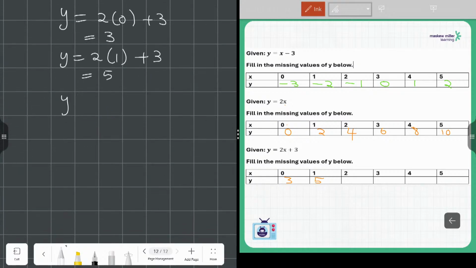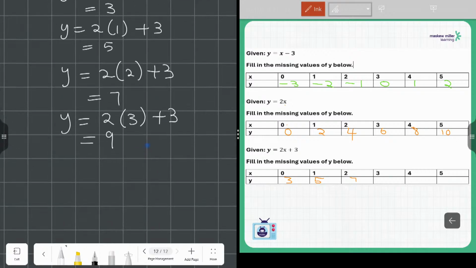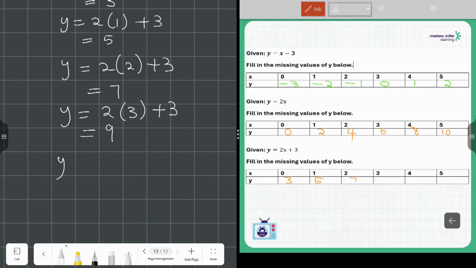We have y equals 2 multiplied by 2 plus 3. 2 multiplied by 2 is 4, plus 3, it's a 7. So we're going to come here and write 7, right? So we continue in that way. Y will be equals to 2 multiplied by 3, and then we add the 3. That is 6 plus 3, that will give us 9, right? And then we can write the 9.